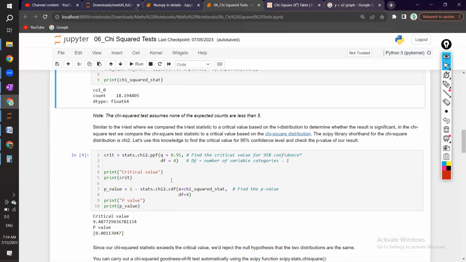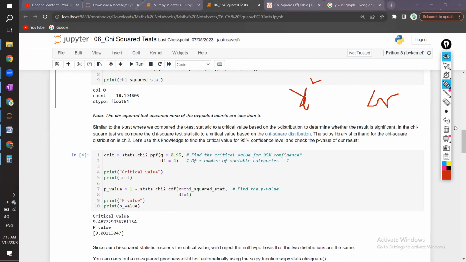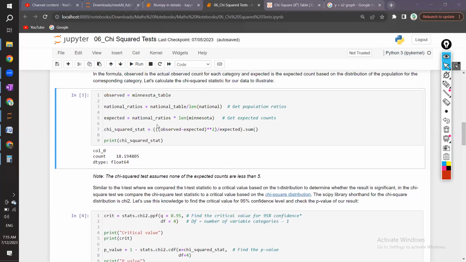If you want to find the critical value, note that one is the chi-square and one is the critical value. The chi-square comes from observed minus expected, with observed values in Minnesota and expected values from this ratio.